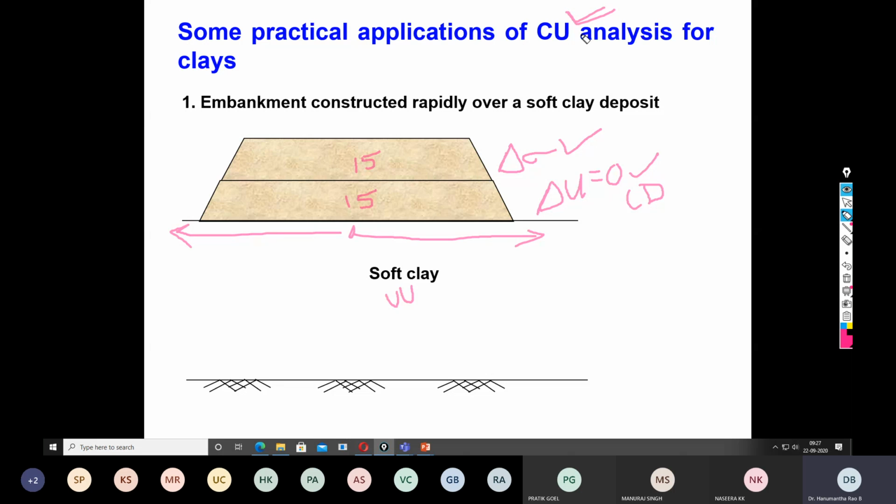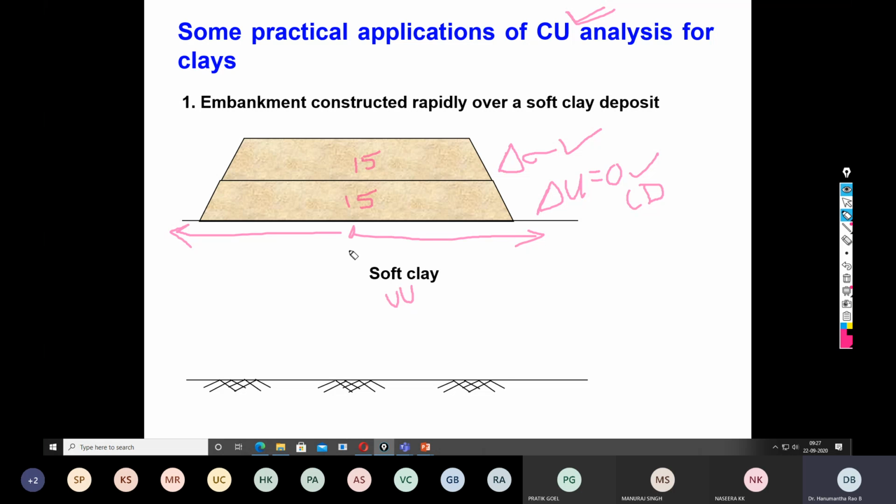Once all the pore water gets expelled out from the soft soil and the soil has undergone full consolidation, that kind of condition is called consolidated drained.